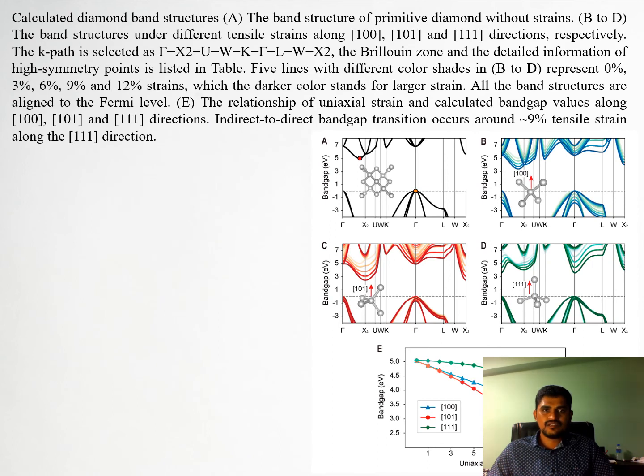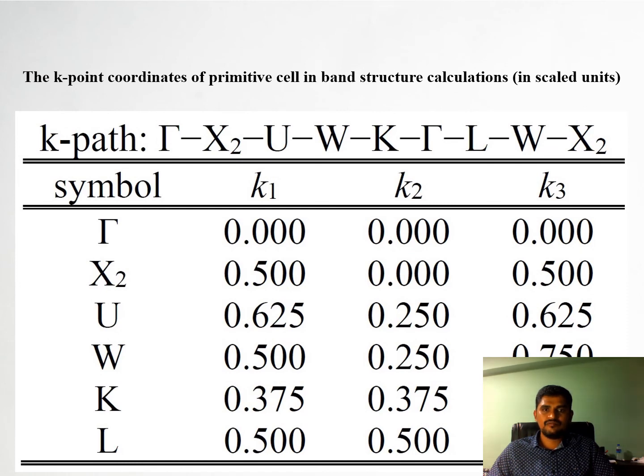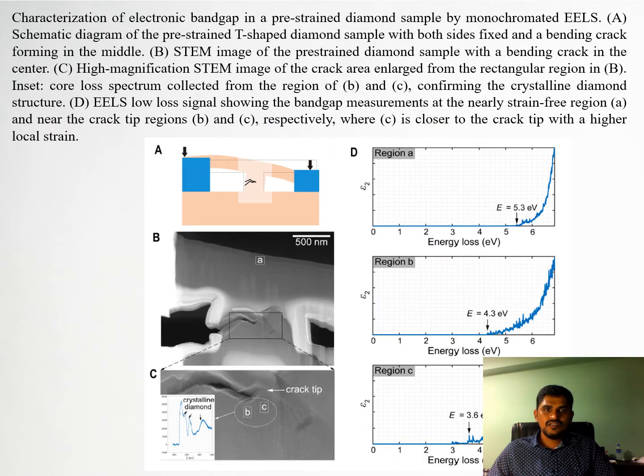And this is the calculated diamond band structure. The band structure for 100, 101, 111, and from the chart we can see for all three directions how the band gap and the uniform strain are working. And these are the values for the K points, from the symbols K1, K2, K3. This is the characterization of the electronic band gap. You can see from A, a crack found at the center.